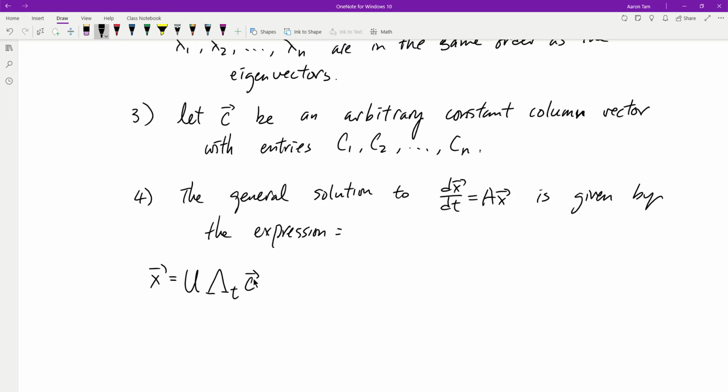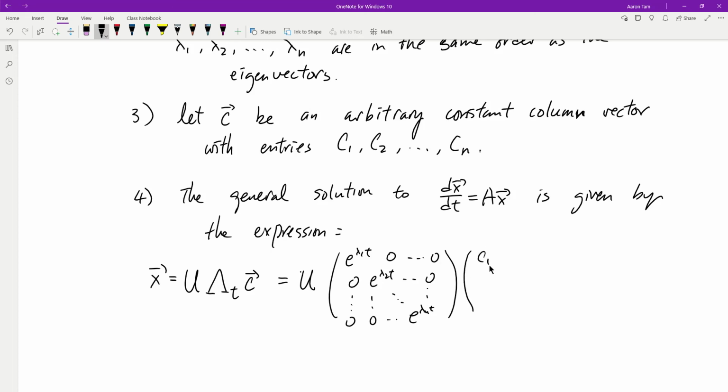Okay, now how do I see this? Well, actually pretty simple. If you see this, all you have to do is really think about that would be the matrix U multiplied by its diagonal matrix multiplied by vector C, which is C1, C2 to Cn.